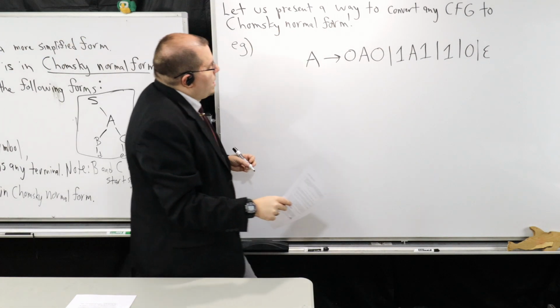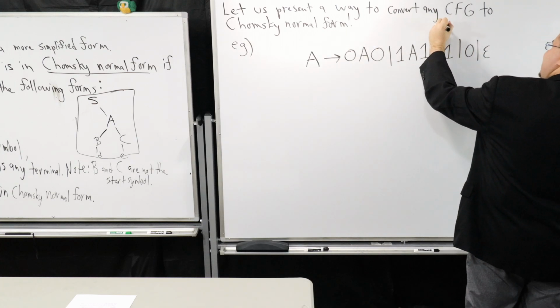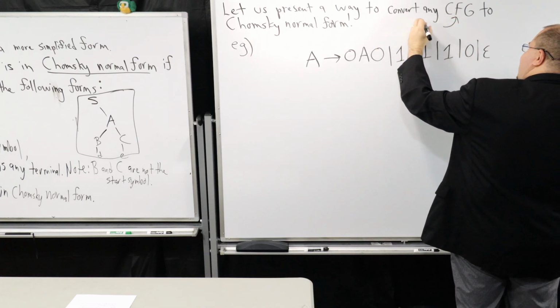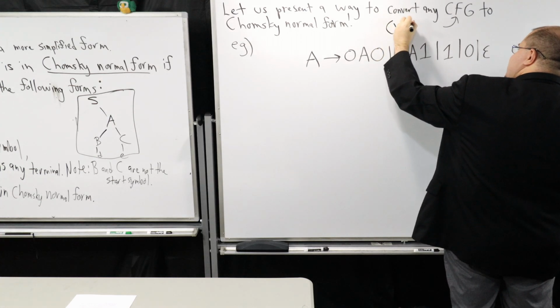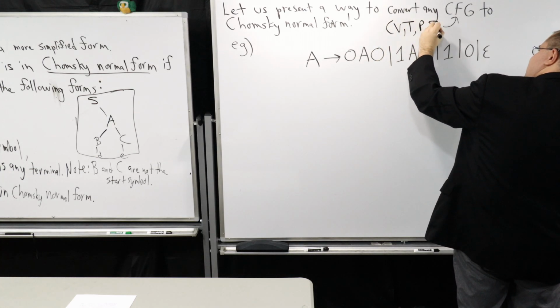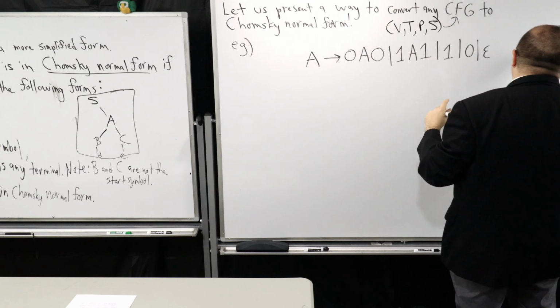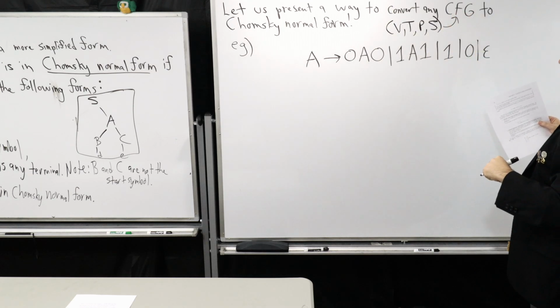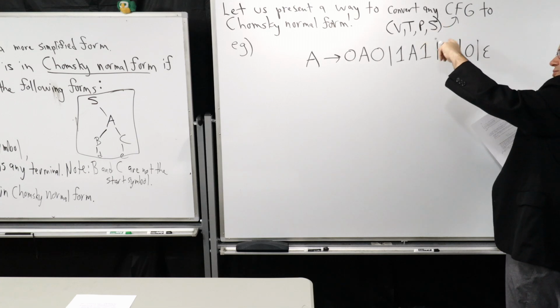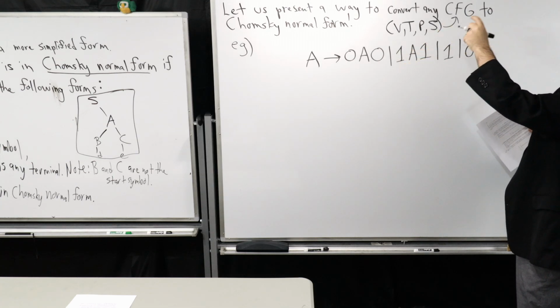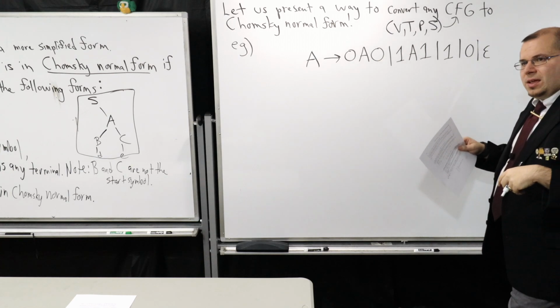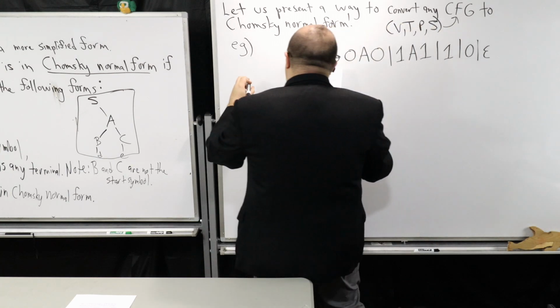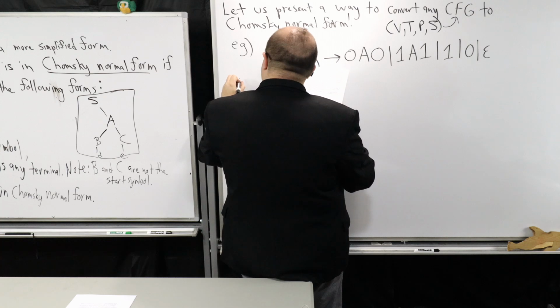For any context-free grammar, I'm going to assume it has the variables, terminals, productions, and a start symbol. That's what it's going to initially start off as. In our case, we'll substitute in the variables, the terminals, the productions, and the start symbol. I'll let you do that if you'd like. But I'm going to proceed with the following steps.